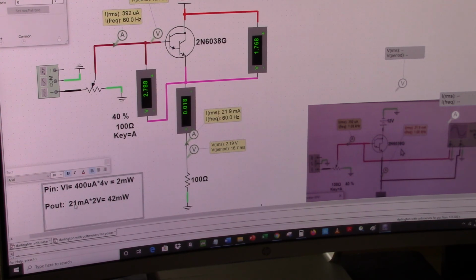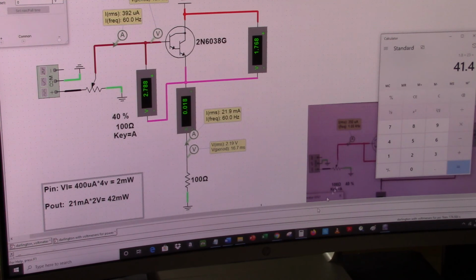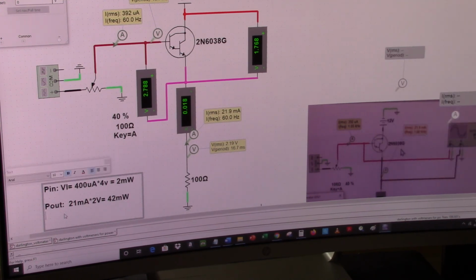So if you want to know what is the amplification factor, it's about 41. And so the amplification is pretty close to 41. And that's how you do that calculation.